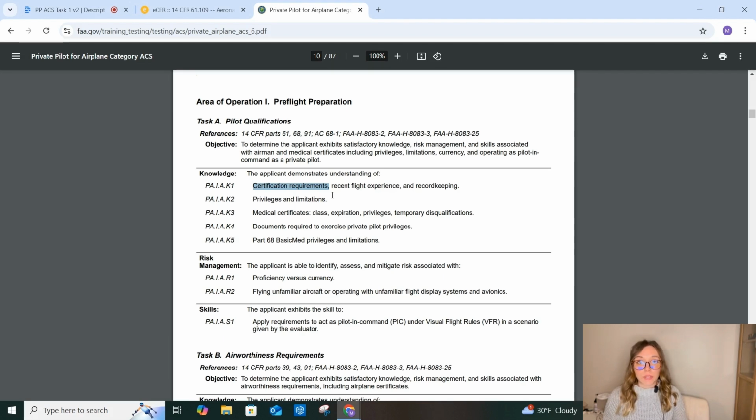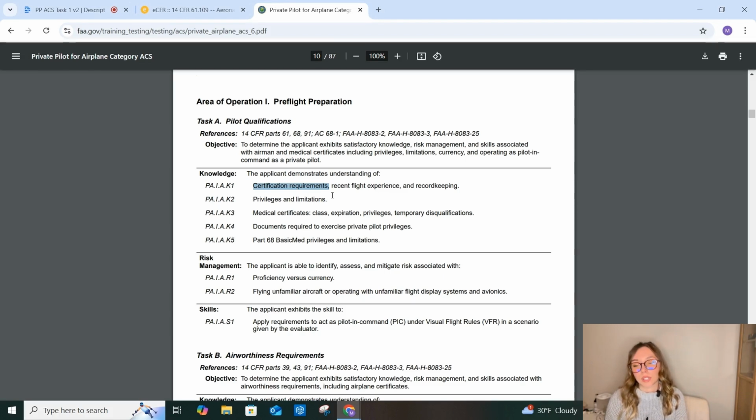Then, let's say you have your license. Now we're looking at recent flight experience. You obviously want to keep your license. Maybe you want to start flying with passengers, and maybe you want to work on your instrument rating or other licenses. What do you need to log? That's kind of the grouping of questions that we're going for here.